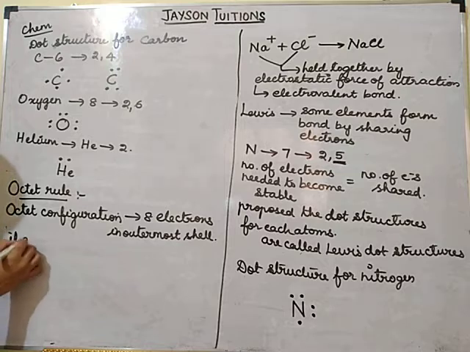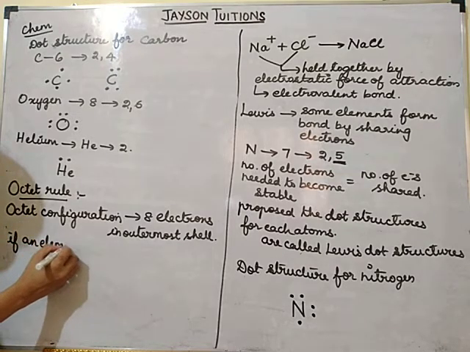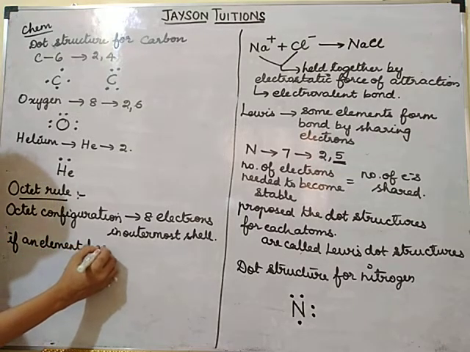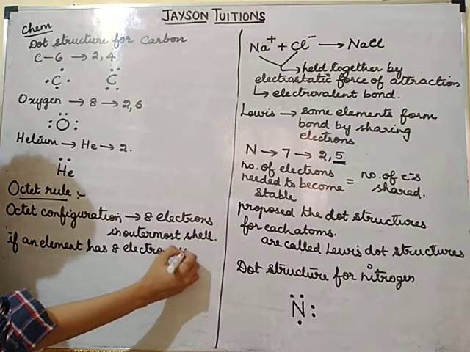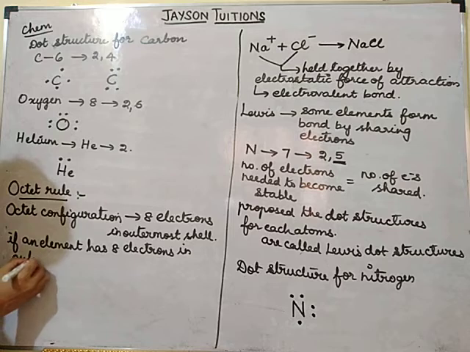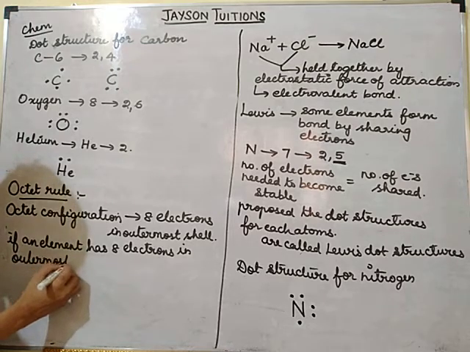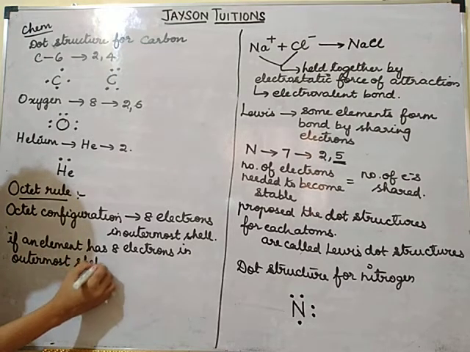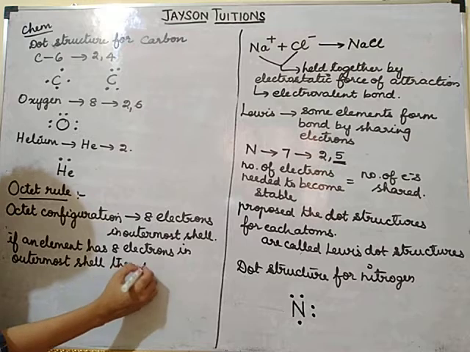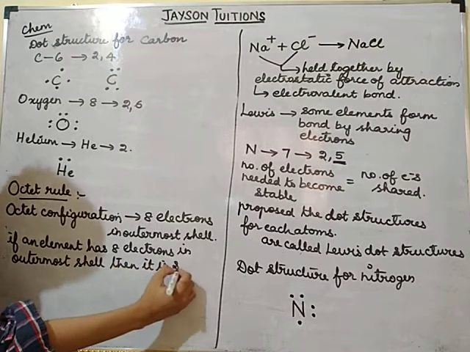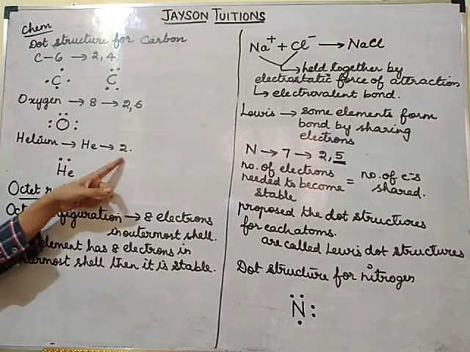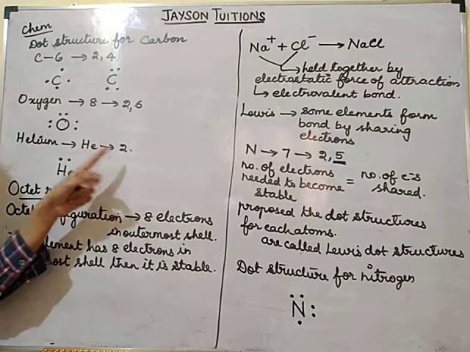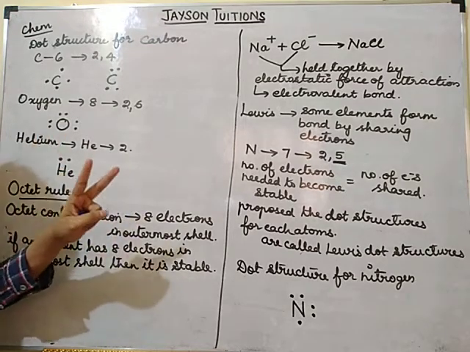Okay, if an element has 8 electrons in the outermost shell, then it is a stable element. In the first shell alone we cannot have 8 electrons. In the first shell we can have only 2 electrons.